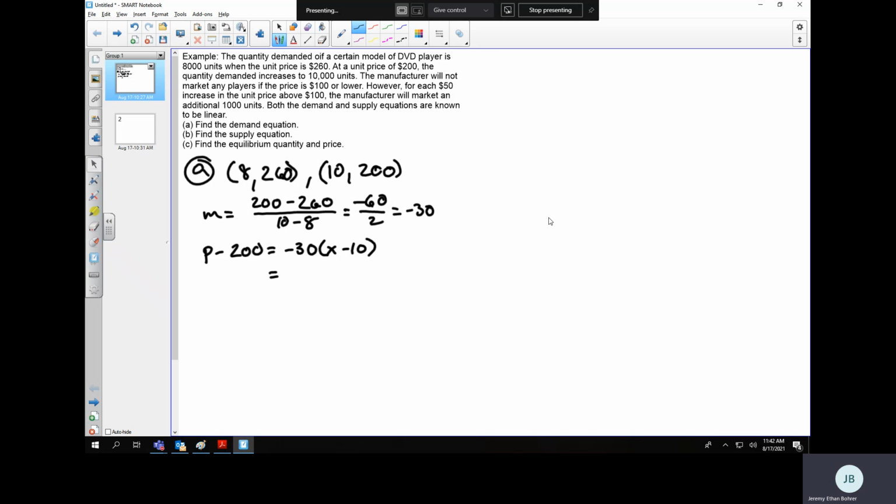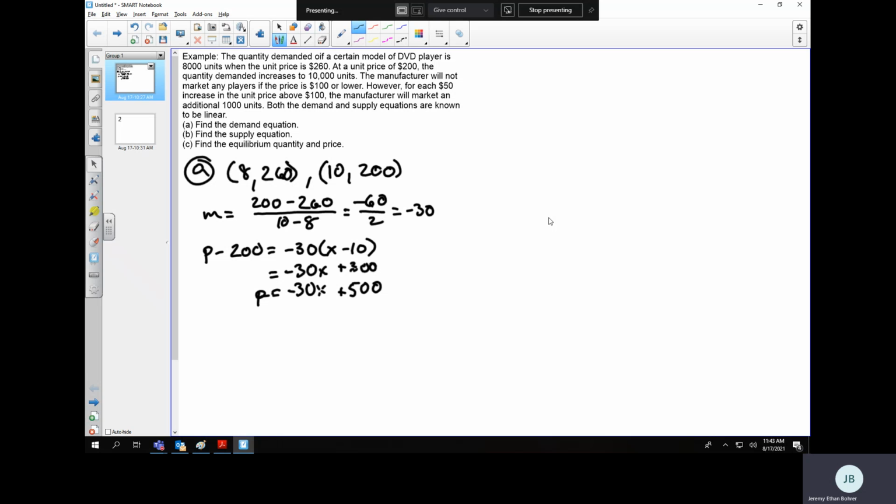I can distribute my negative 30 to get negative 30x plus 300 here. And then I'm going to write this simpler equation here, P equals negative 30x plus 500. That'll come in handy later.